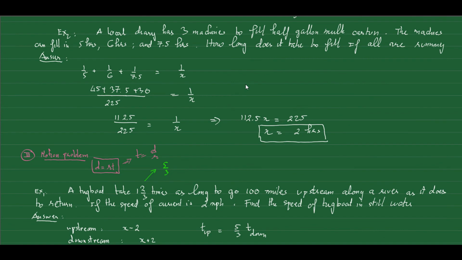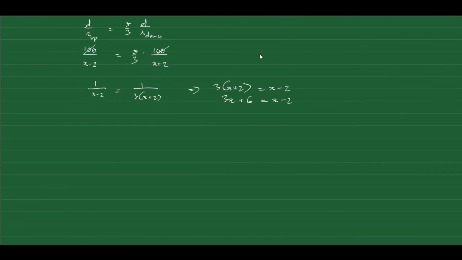That's weird. Upstream took longer. Minus 100. D is 10. So the answer will be 2x.